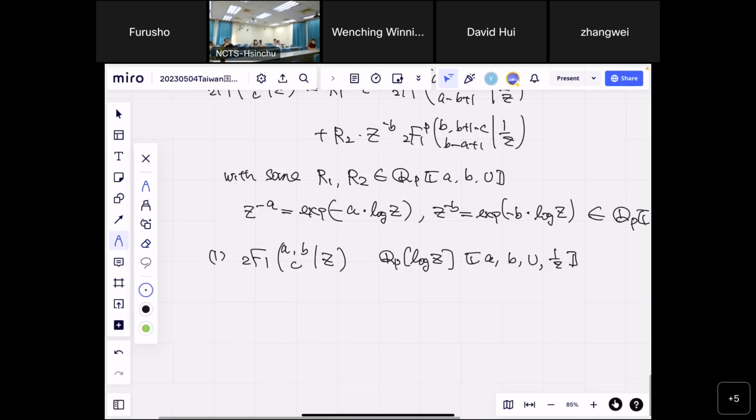So the p-adic hypergeometric function is reduced to infinity. Is it p-adic? Yes, it's p-adic.